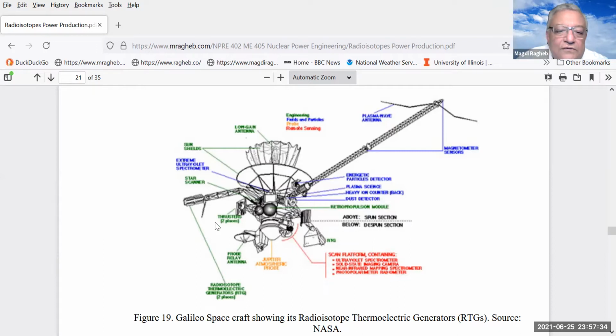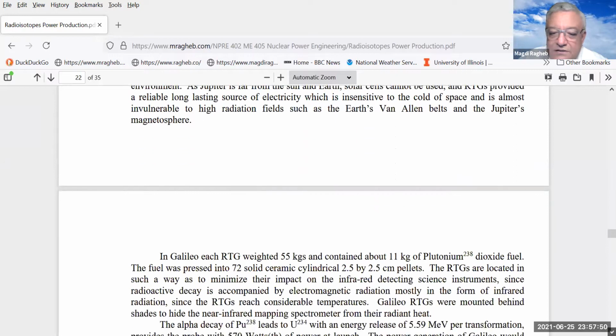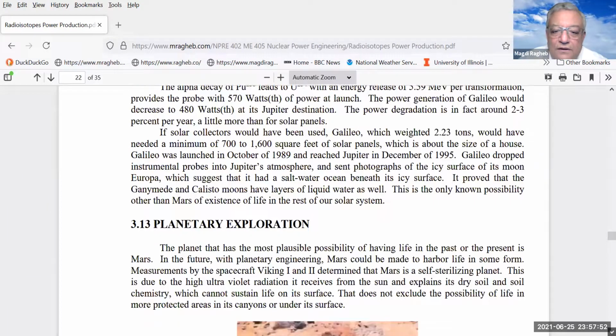But you could see it's used here, one here and one here, as radioisotope thermoelectric generators. So NASA has been using this technology to a great extent.